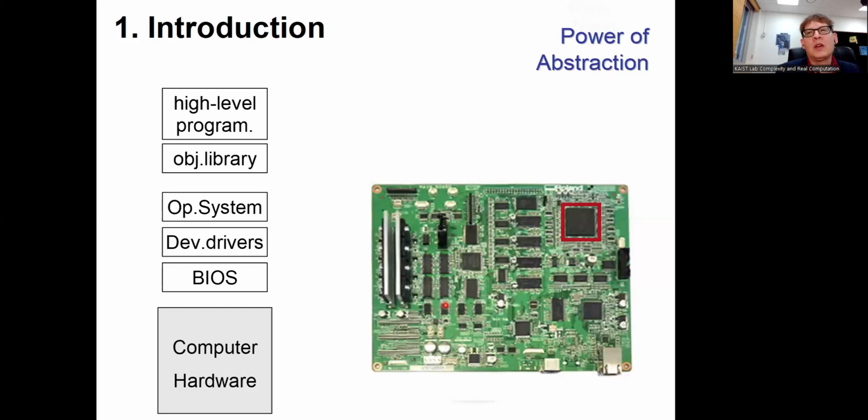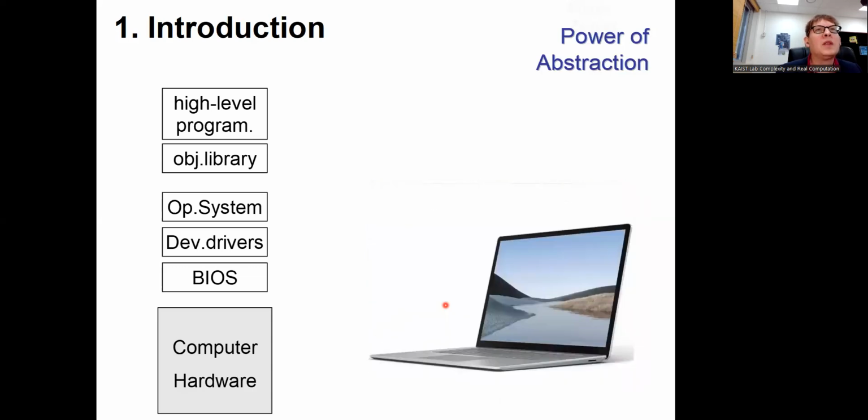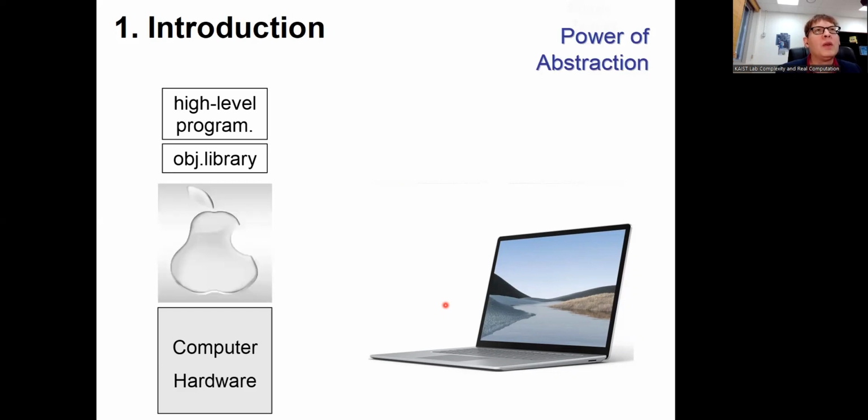So this is a huge hierarchy of layers of abstraction, and the benefit is that we can ignore details and thus focus on the big picture, or we can also look at details. For example, moving from the PC to a laptop, which is entirely different hardware, with a different BIOS, the same operating system can be installed on different hardware, so we can replace different hardware without affecting the higher levels. That's the power of abstraction.